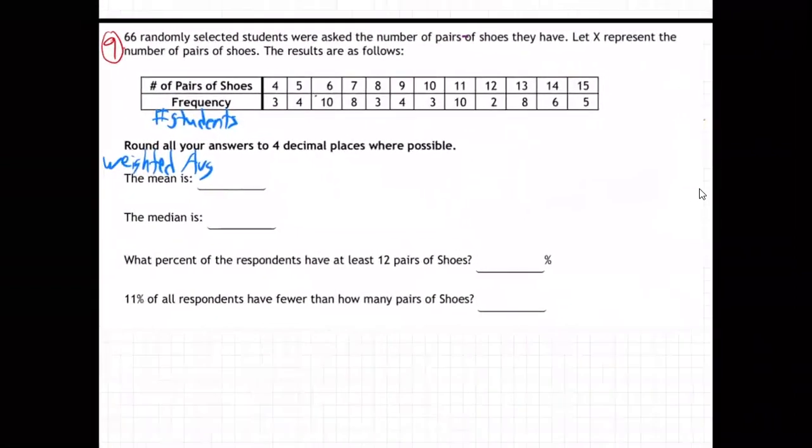So I'm going to multiply 12, 20, 60, 56, 24, 36, 30, 110, 24, 104, 84, 75, and then add these up.